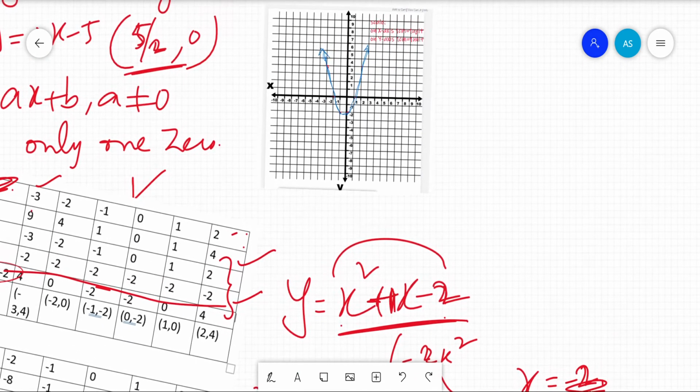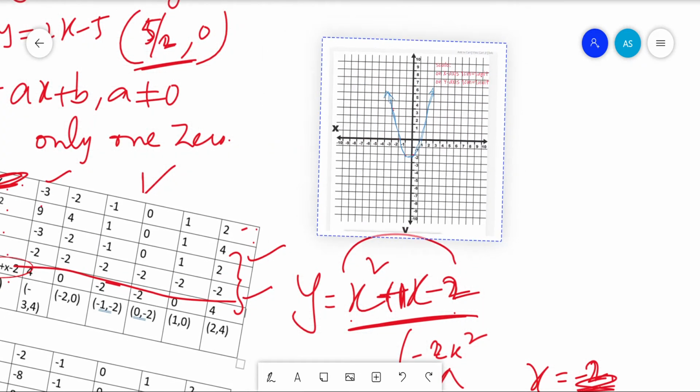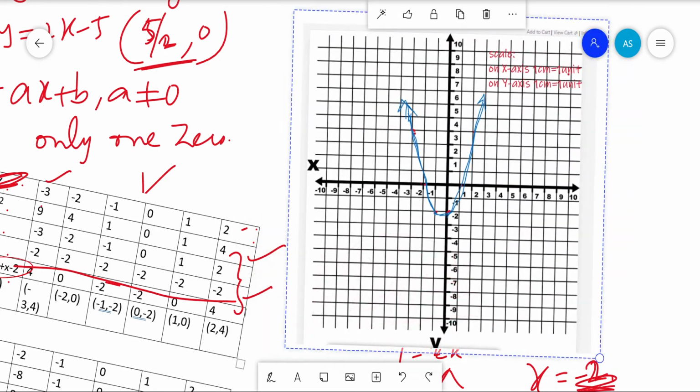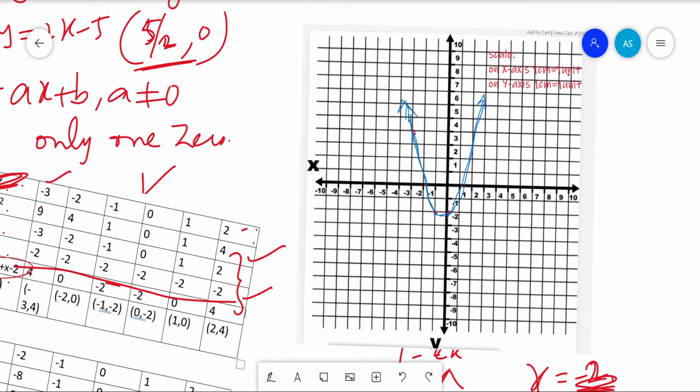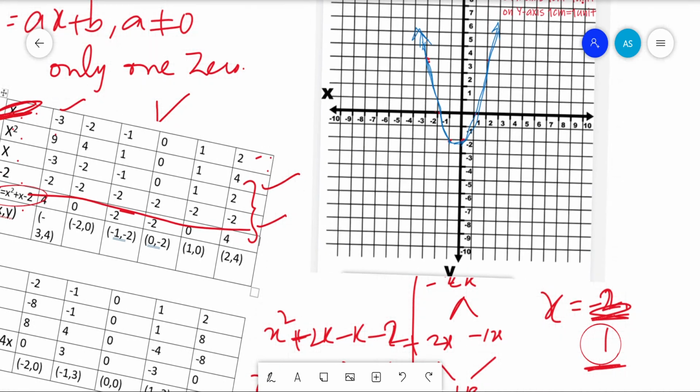You will get a graph like this. So plot the points. What are those? Minus 3 comma 4: minus 3 on x-axis and 4 on y-axis.